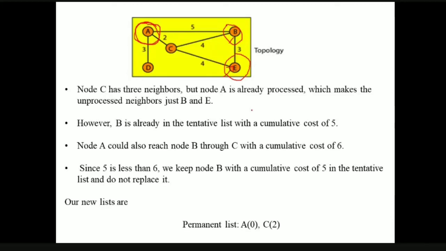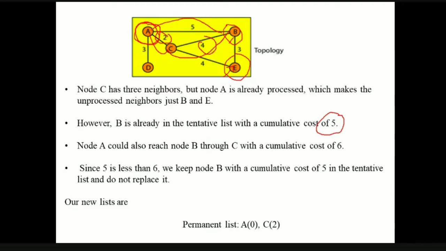But if you observe, B is in the tentative list with a cumulative cost of 5. Now, node A can reach B through C, that is from A to C and C to B. What is the cost? 2 plus 4, which is 6.